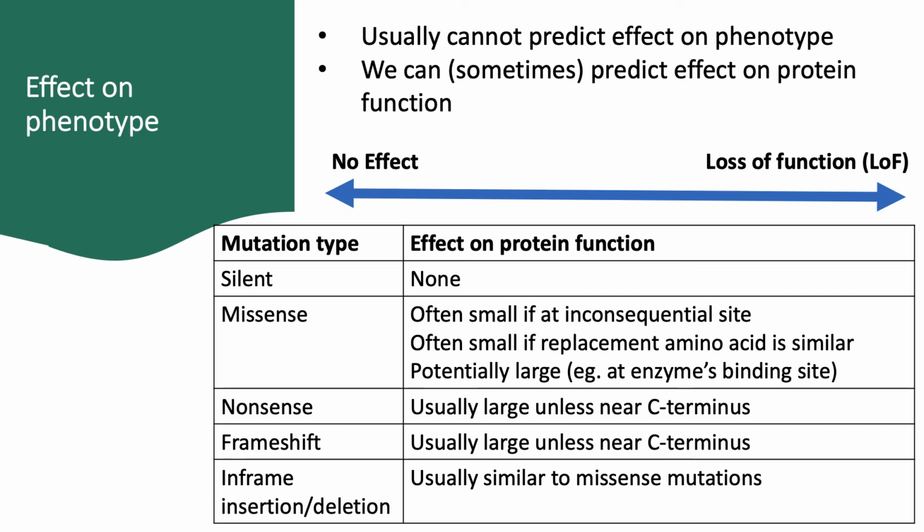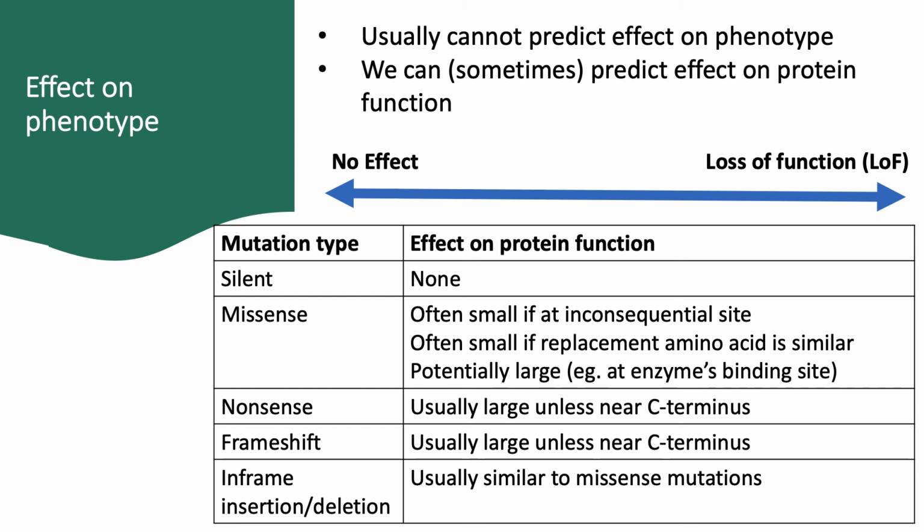However, there may be a large effect on protein function, such as if the mutation results in a change in the enzyme's binding site. In general, the variable effects of missense mutations are very difficult to predict. The negative effects of nonsense and frameshift mutations are generally large.